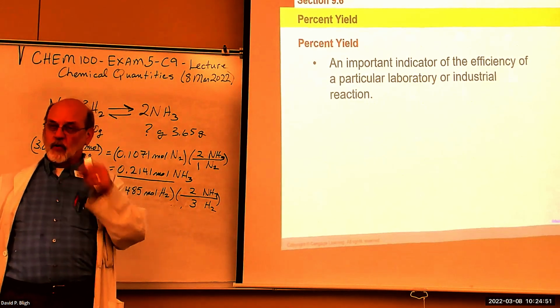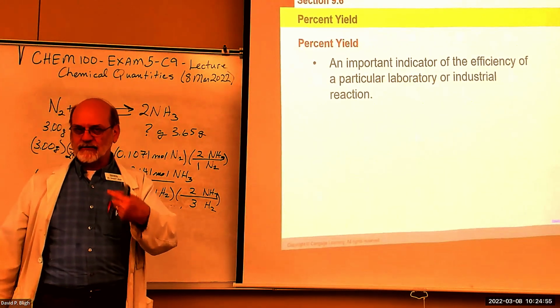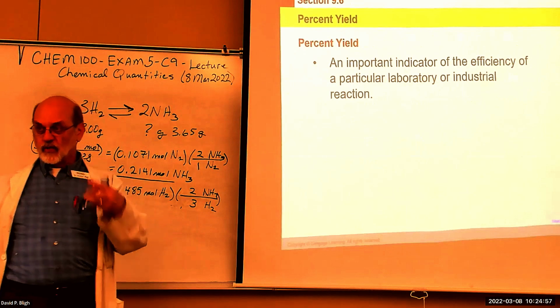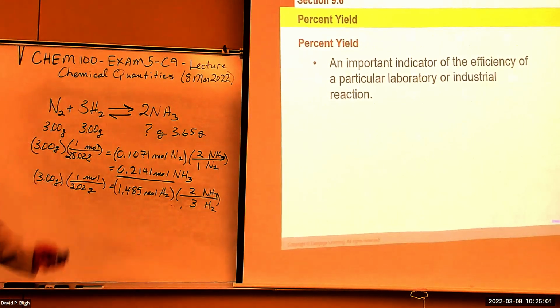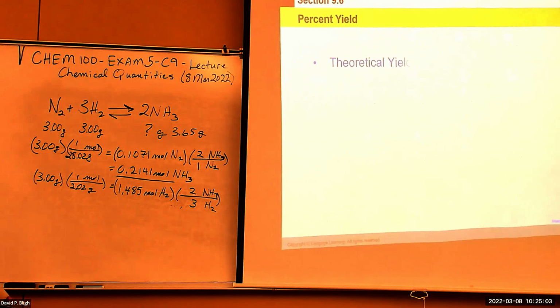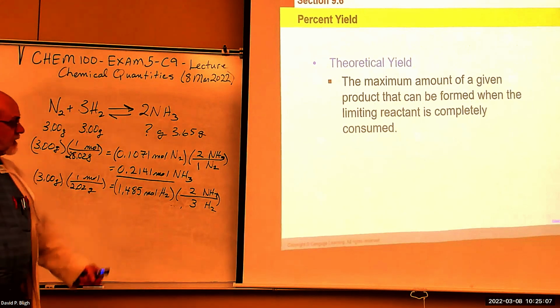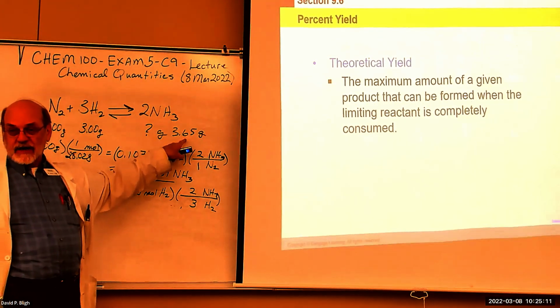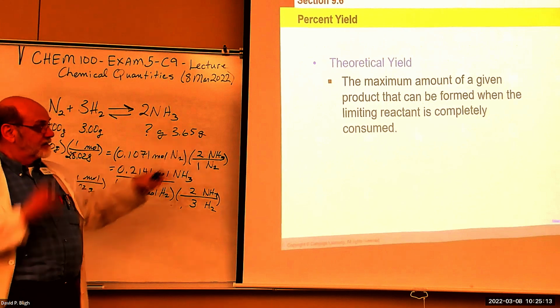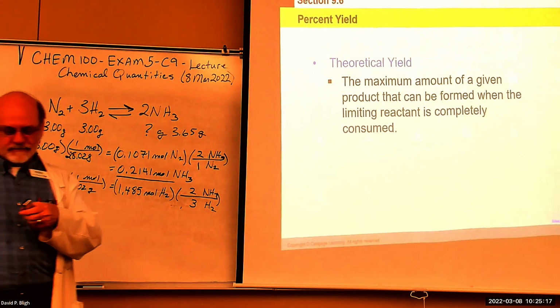So what we need is to quantify what that yield is. Then we can use that information to do some real world calculations. That's called percent yield. We have the theoretical yield, 3.65 grams. That's when we've taken the limiting reactant into account.